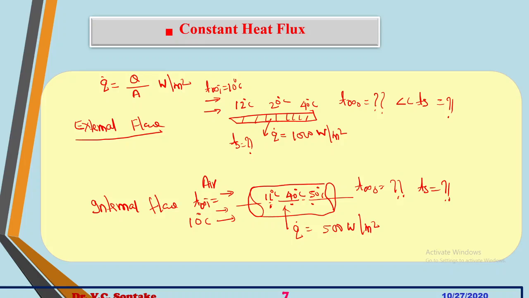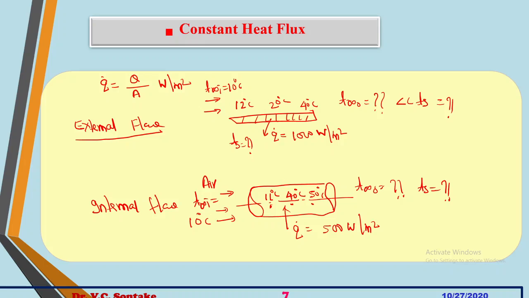So that is the basic difference between constant wall temperature boundary condition and constant heat flux boundary condition. In the former case, surface temperature is clearly mentioned, while in the latter case, that is the constant heat flux case, surface temperature is not given, rather heat flux is given.